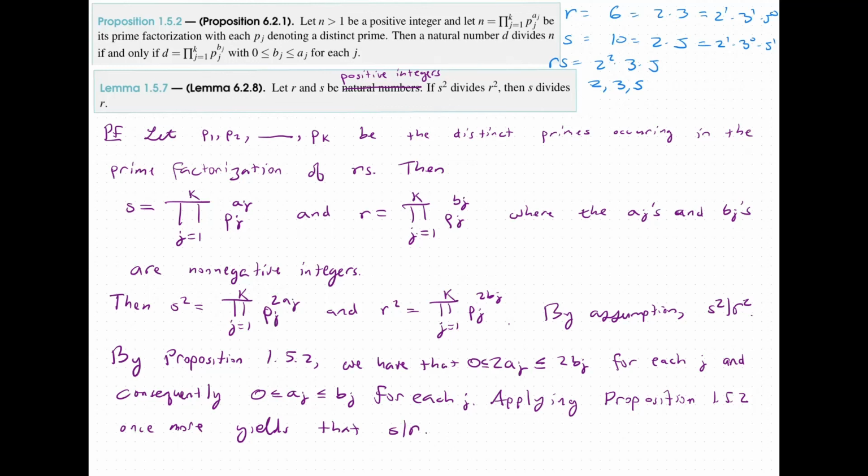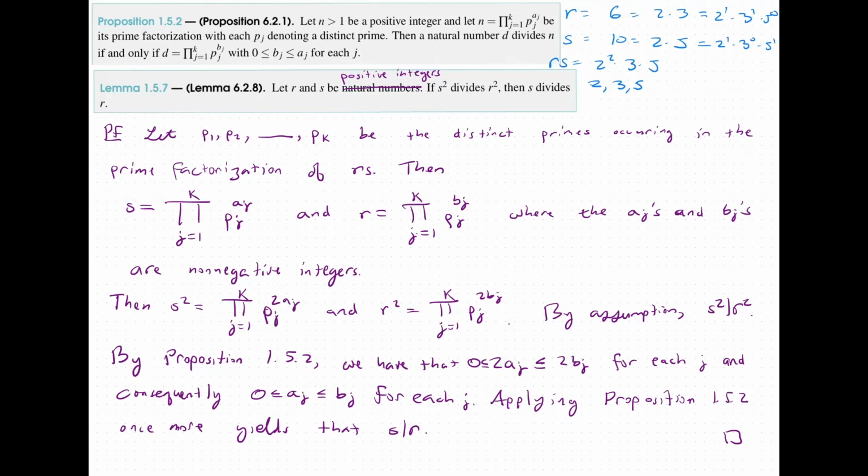And that finishes the proof. Again, now we're using the converse. Since each of the a sub j's is less than or equal to the b sub j's, s must divide r, since the primes occurring are the same p sub j's in the way that we set this up. So we got this.